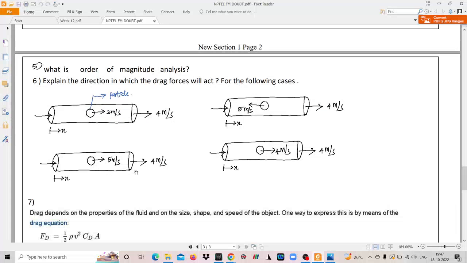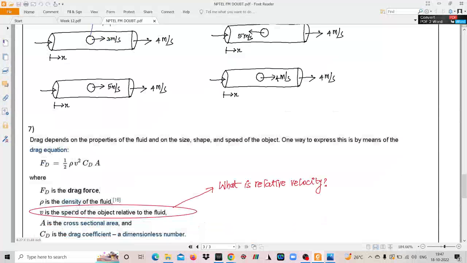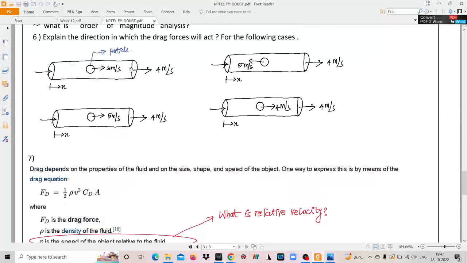There is a particle inside a pipe which is moving at a speed of 3 meter per second, and the fluid is flowing at a rate of 4 meter per second, right? V is the speed of the object relative to the fluid.